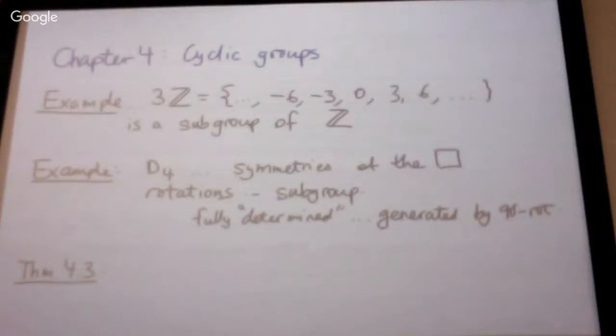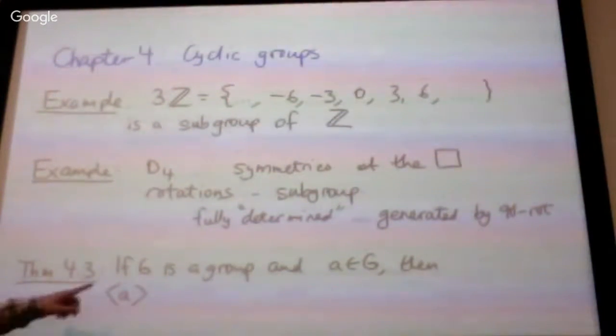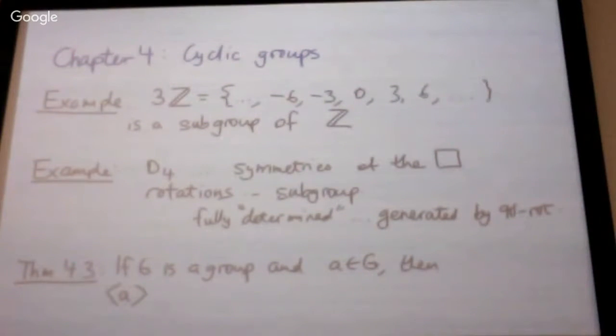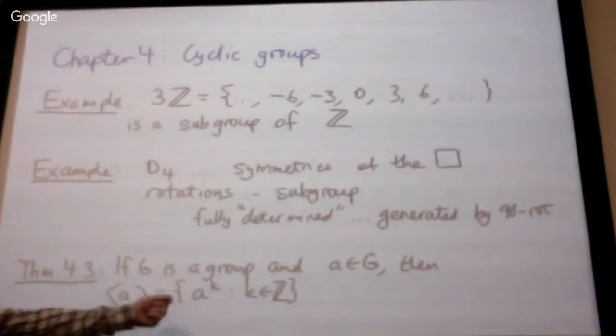In the book, it says that if G is a group, and A is any element of G, then, a theorem and a definition in one, which is a nice mathematical concept, something that's denoted by the brackets around the element is all the powers of this element, within the group, using the operation of the group.